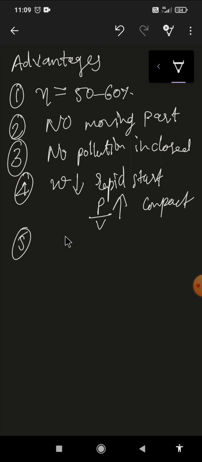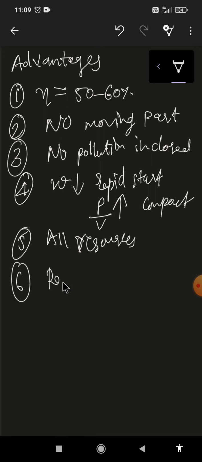So all resources can be used with MHD generators. So it is also a good sign. Then the sixth is that it has the ability to reach full power level instantly.